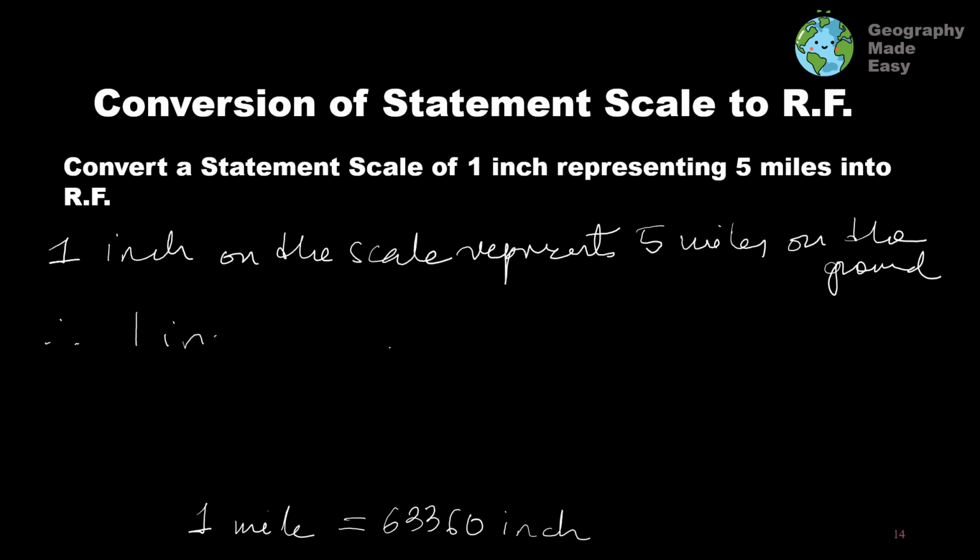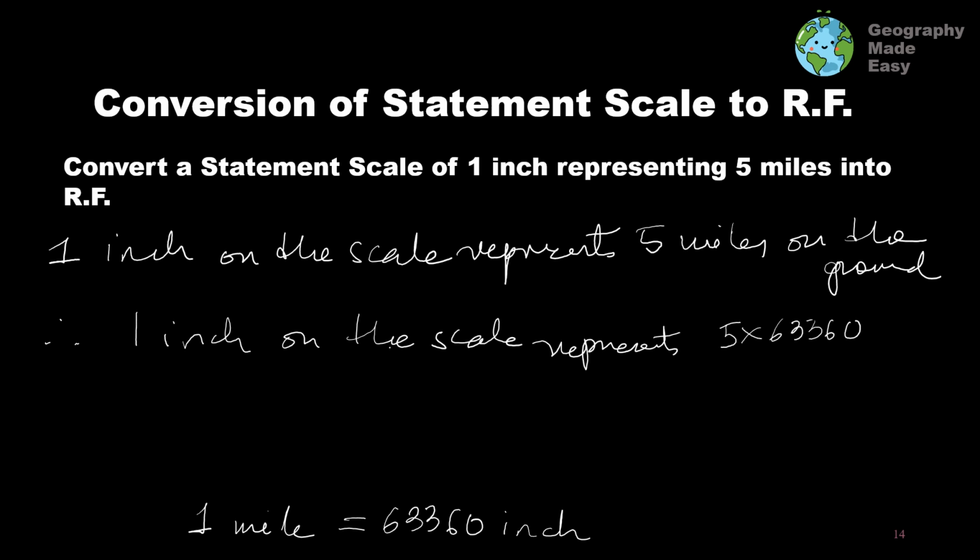Therefore, 1 inch on the scale represents 5 into 63360 inches on the ground. So I've converted the miles into inches. I'm multiplying in this case. So let me see what the value will come.